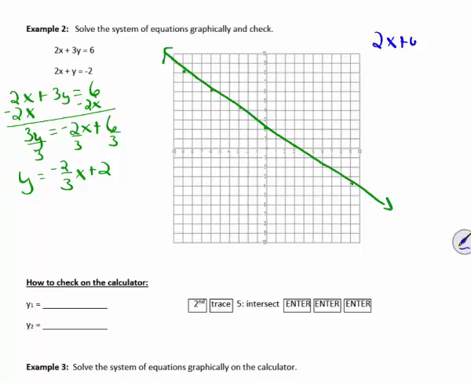So 2x plus y equals -2. Subtract 2x. So we have y equals -2x minus 2. So this one's a little easier because we don't have to divide anything. So we're going to start at -2. And my slope tells me that I'm going down 2 over 1.